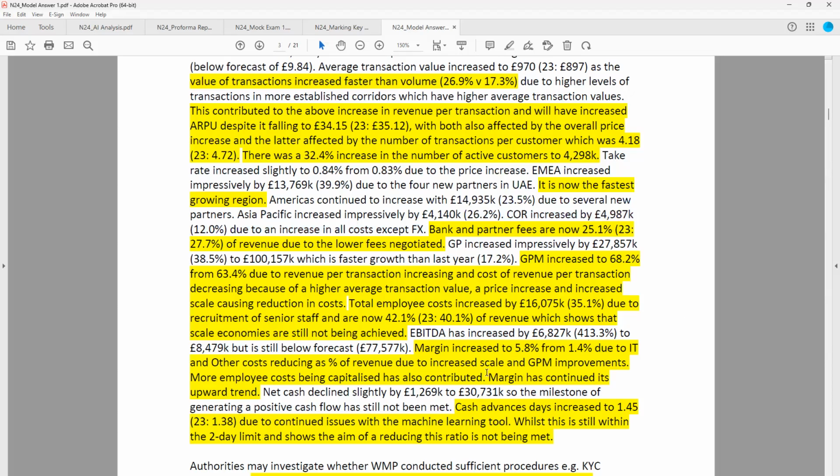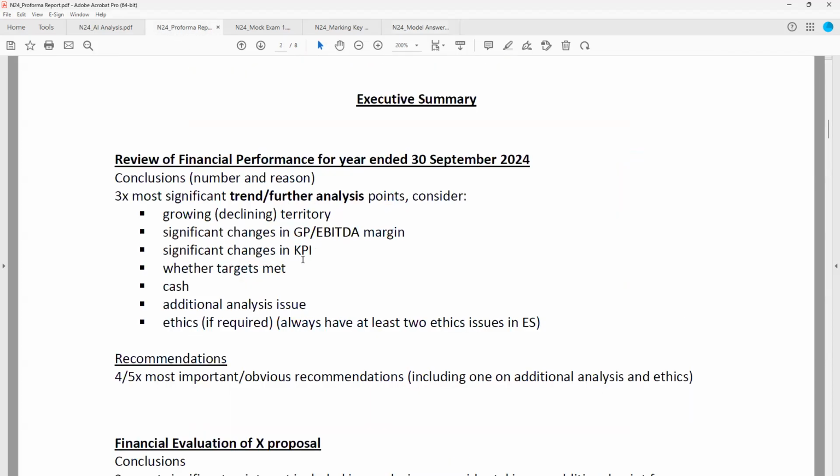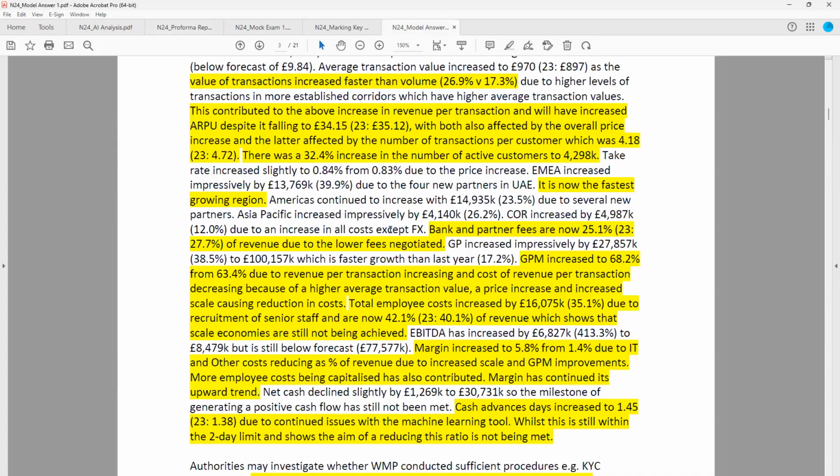We're adding points on the key headline numbers, so changes in profit margins, significant changes in KPIs, whether targets have been met, an additional point on cash, adding an additional point on the partner issues, the big picture strategic issues that the directors need to be aware of.